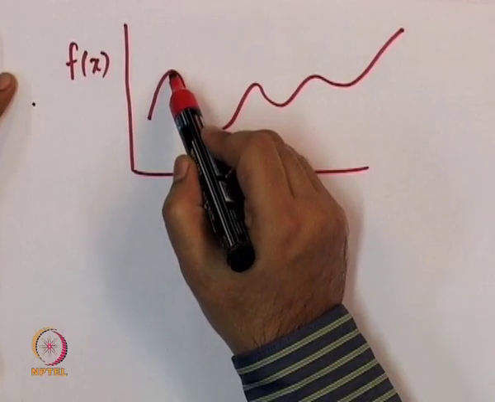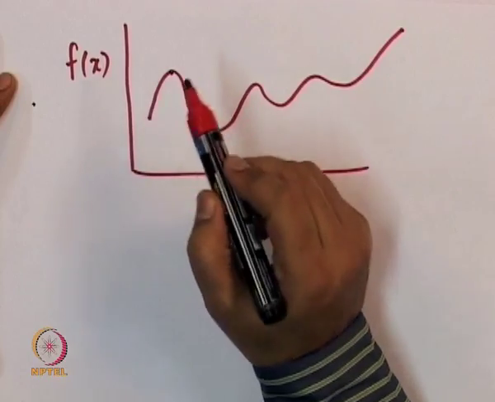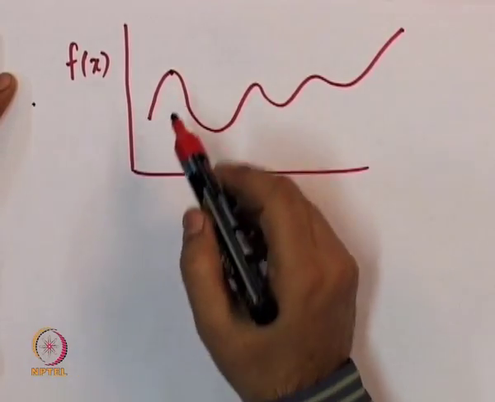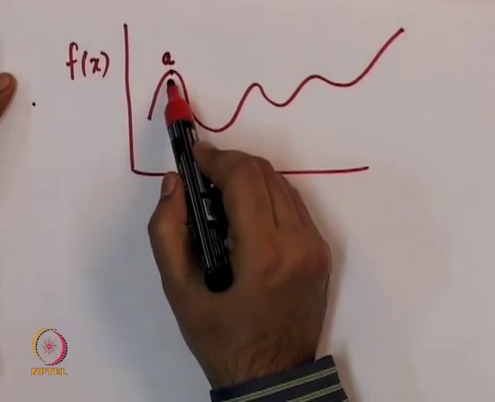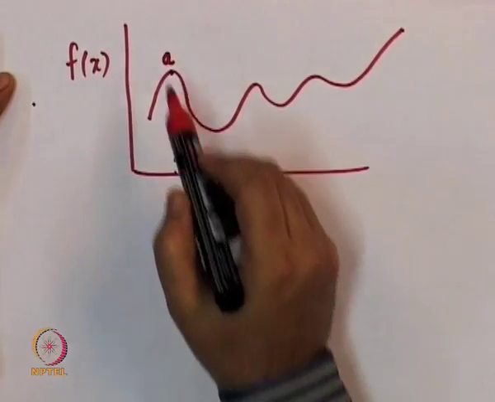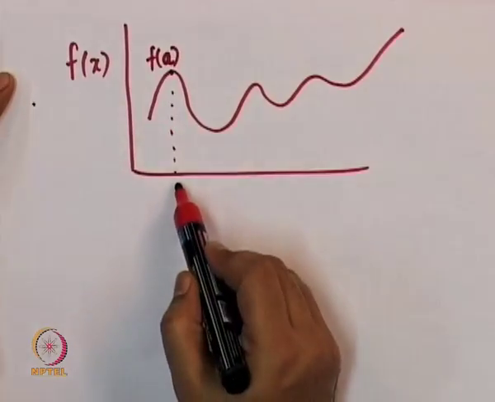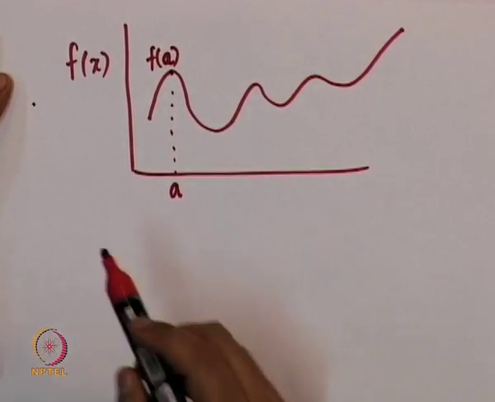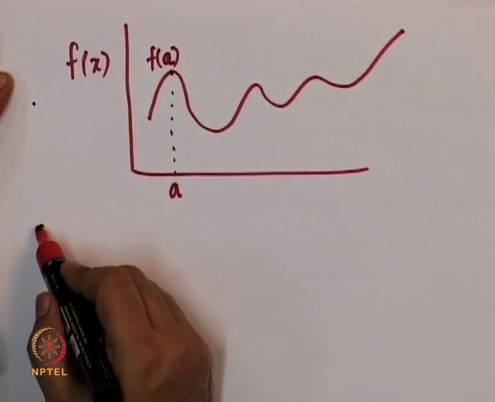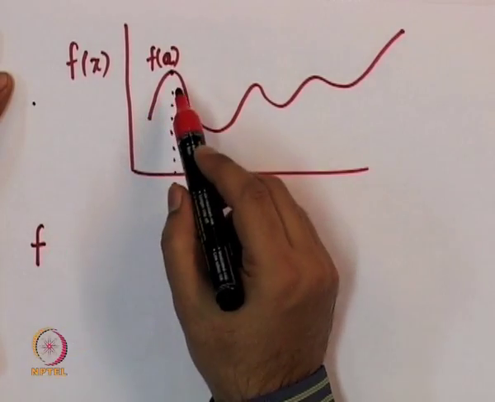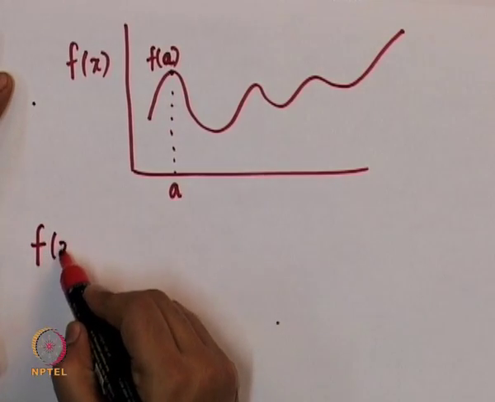Let us say that I am looking at a point A, which is an extremum point. So, this is f of A, this is A, and so I do a Taylor series expansion about A, I consider a point x.